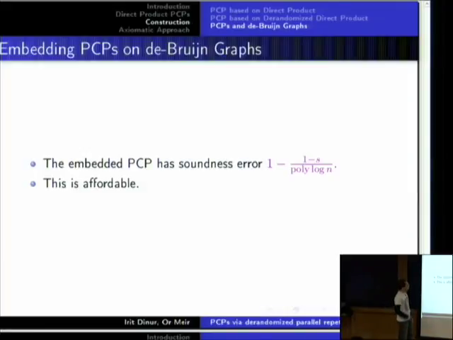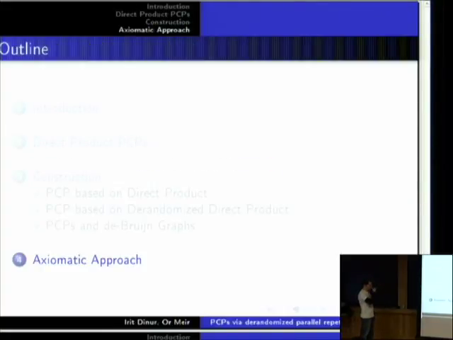But this is something we can actually afford, because recall that the next thing we wish to do with the constraint graph is to apply some derandomized direct product or derandomized parallel repetition, and this process will make up for the loss in the soundness. Okay, so this is about it. I can finish here, or I can discuss the more general approach.